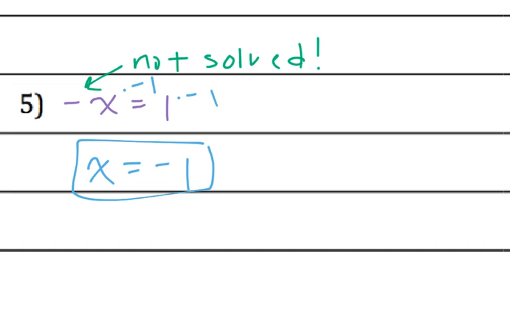Now I'm going to erase this not solved note just so you can more clearly see the original problem as we go to check this. In purple, I see that negative, but I'm going to trace x over and make it green. So the first thing I see when I go to check this is a negative value. This negative value is not the same as the value of negative 1 that we found.